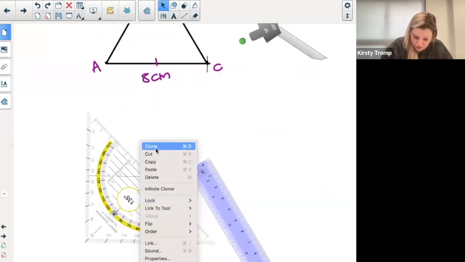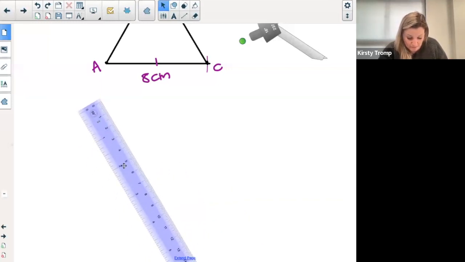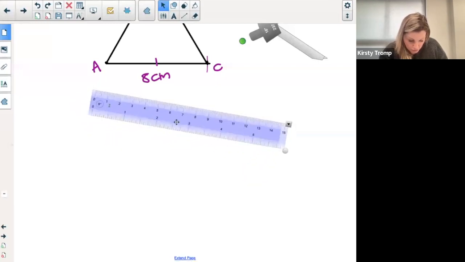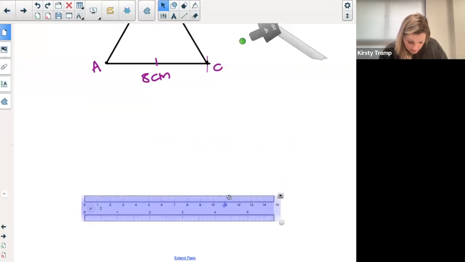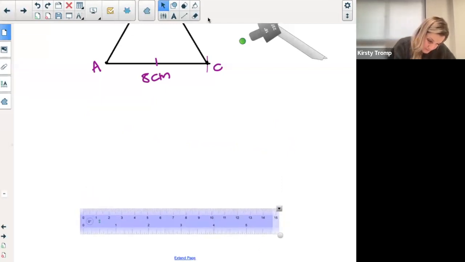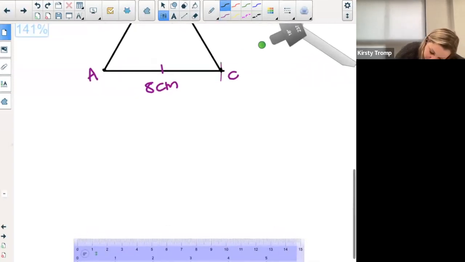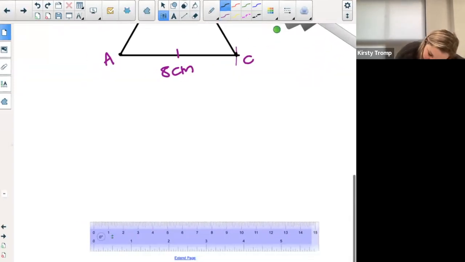Sometimes they use it when they're doing things like engineering. But we're going to use our ruler because we can. Let's pick up our pencil. We're going to do a base of 4 centimeters on the bottom. So there we go.